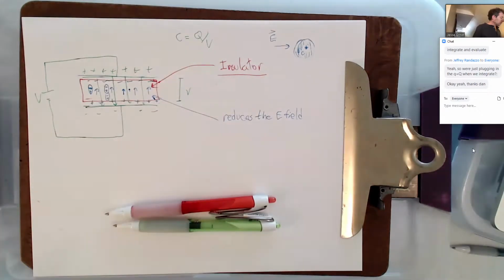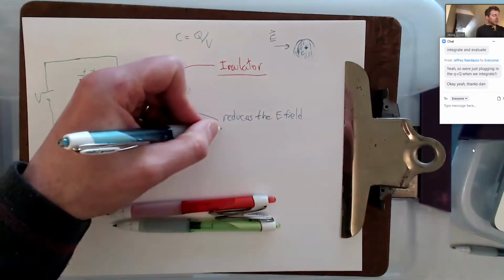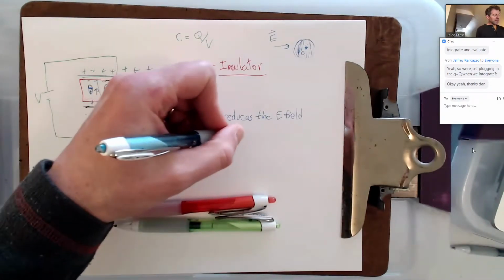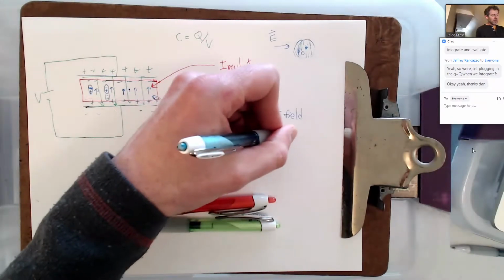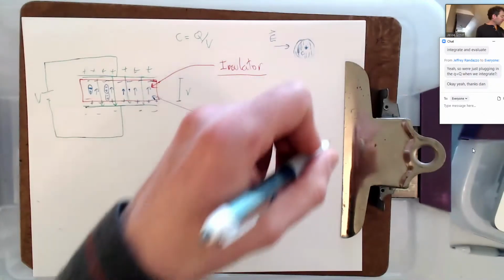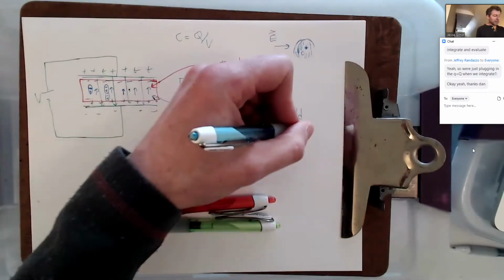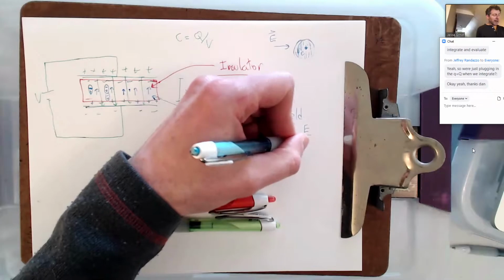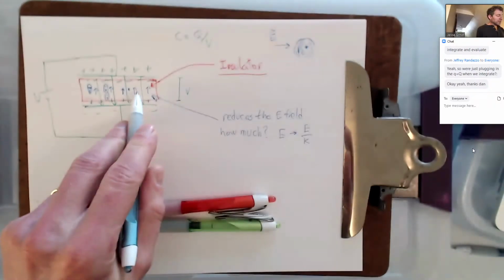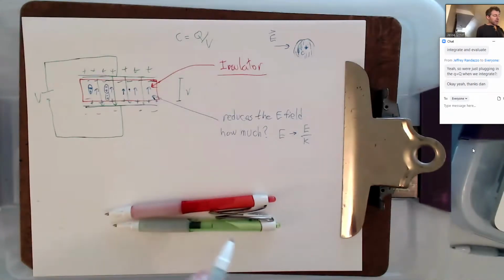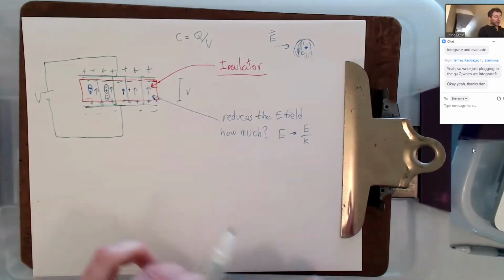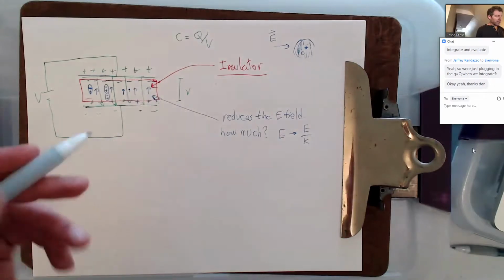And how much it reduces the E field depends on what's called the dielectric constant. E goes to E over K, and your book is using K for this. So this material has some dielectric constant K. All right, so here's where this part you'll have to probably pause on your own later to think about.